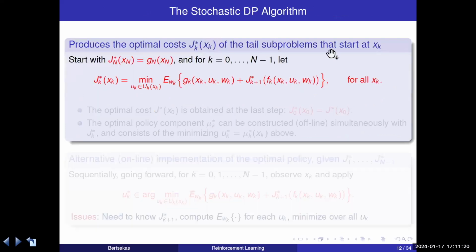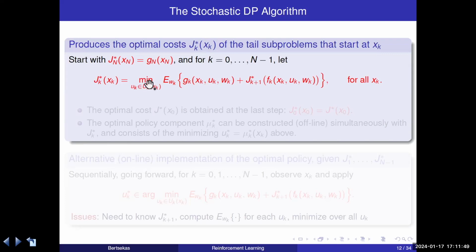Okay, let's go into the dynamic programming algorithm. Like the deterministic case, it produces the optimal cost of the tail subproblems that start at xk at stage k. It solves all of those. It starts with the final one that's defined by the terminal cost function, then goes to time n-1, and it uses a formula that's pretty much like the one of the deterministic case.